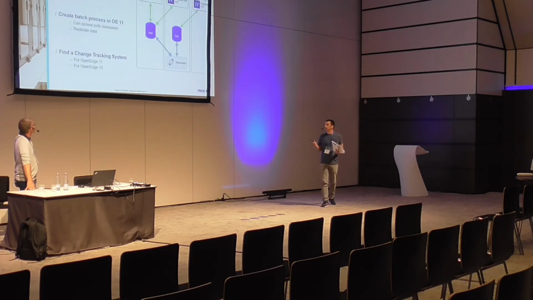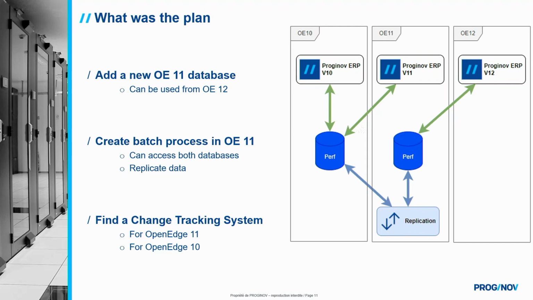So let's go. What was the plan? The first step was to add a new OpenEdge 11 database in our architecture, so this database could be accessed from OpenEdge 12 processes.